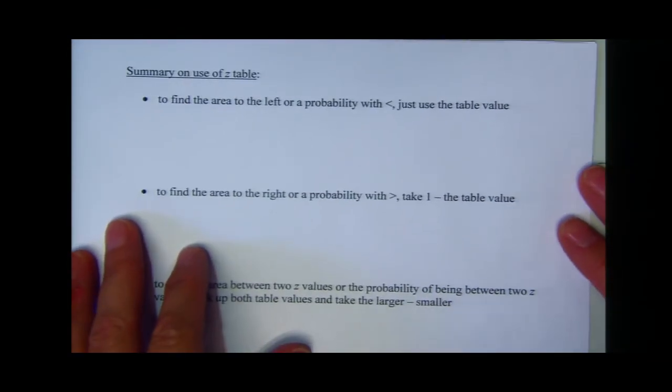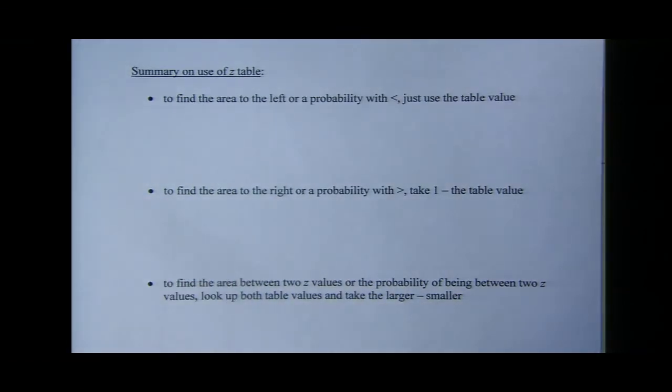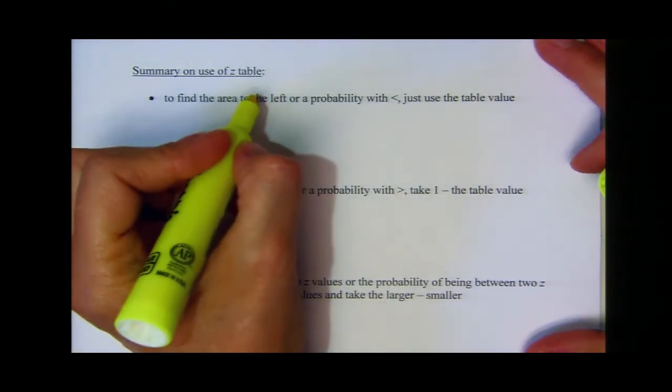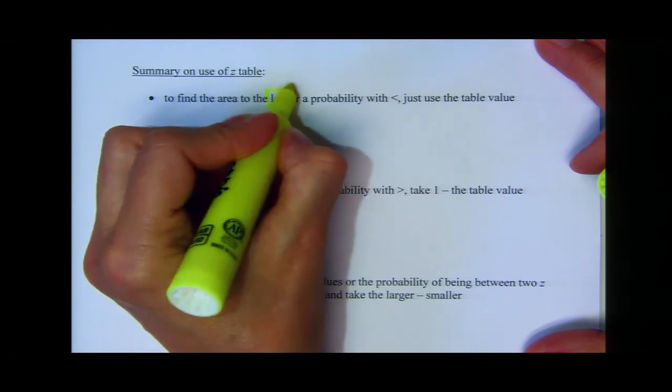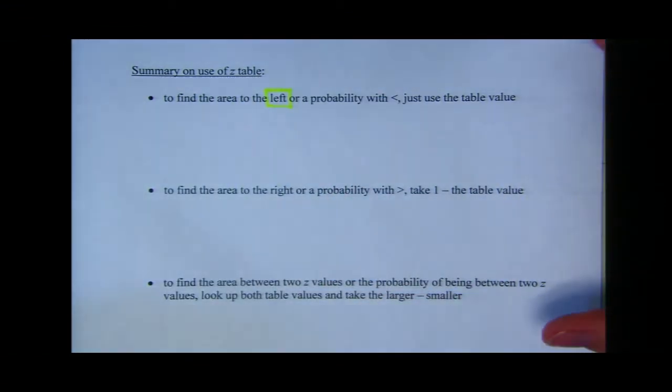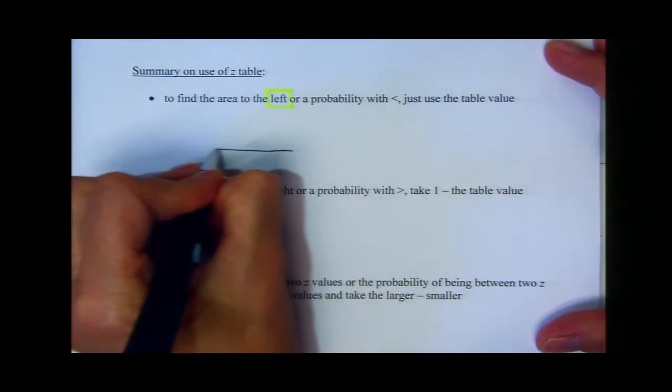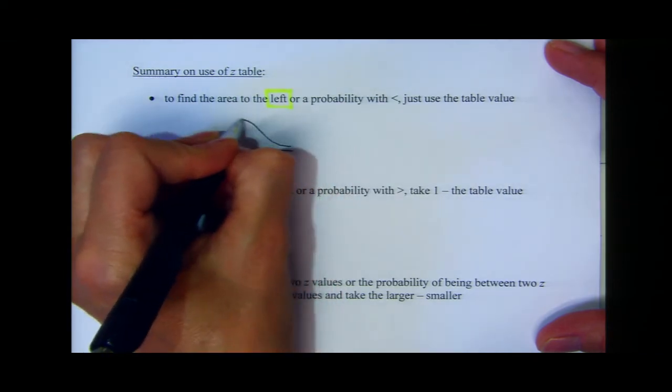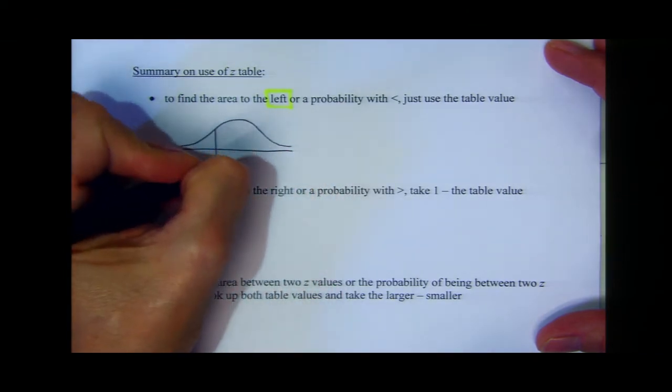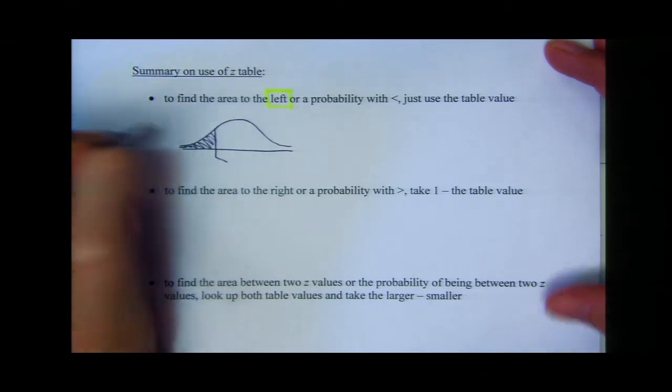Okay, so a summary on the z-table. Z-table we will be using a lot of, so you need to get very familiar with it. Otherwise, your life might be a little miserable here for a while. So anytime that we are finding the area to the left or a probability to the left, just a rough draft, this is when we have something to the left.